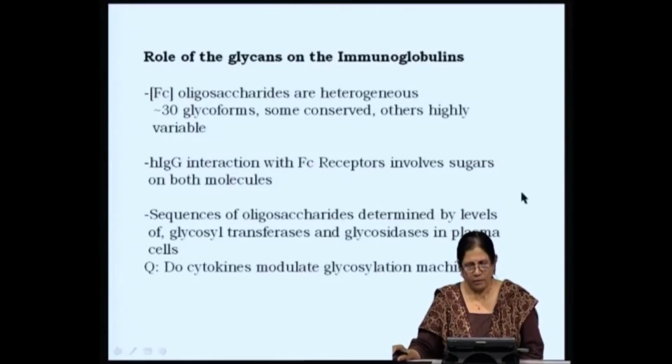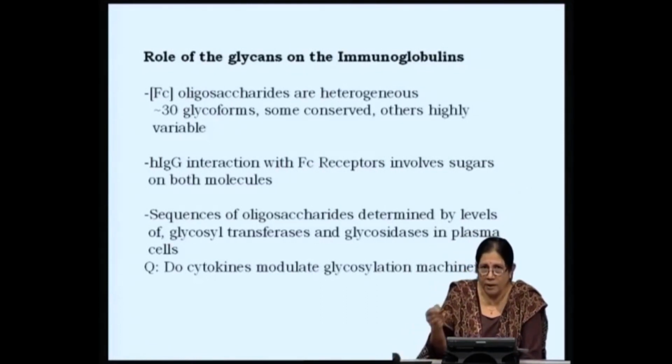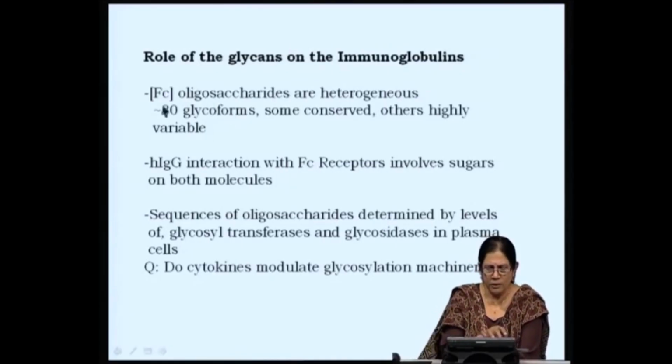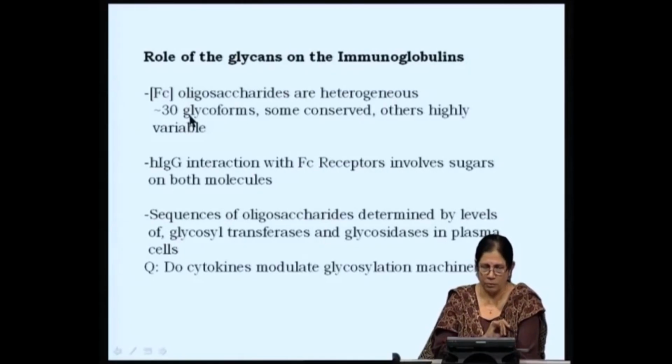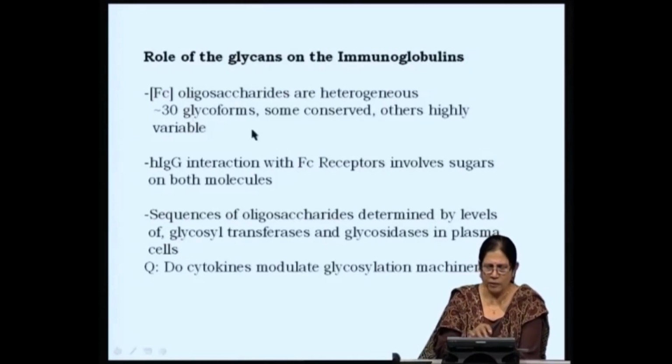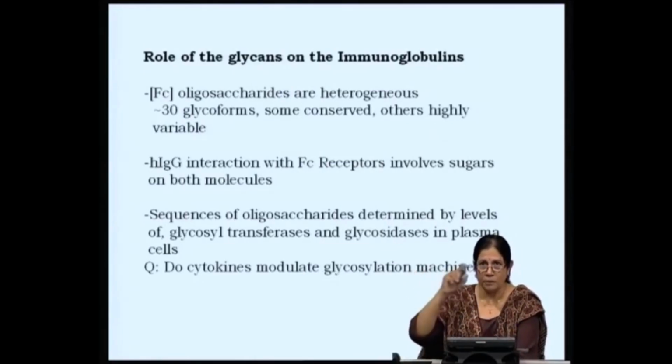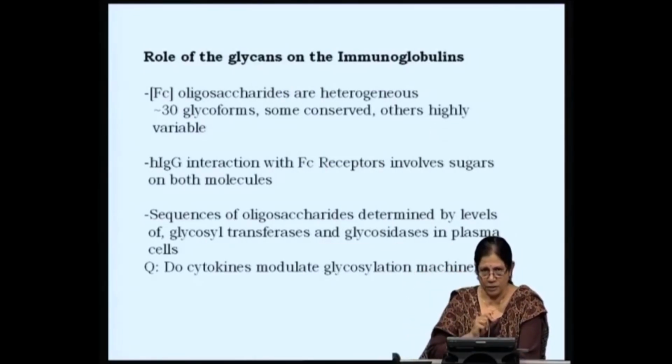The importance of these sugars has become known as glycobiologists have started looking at the glycans, and I would like to just mention here that there are about 30 different glycoforms of immunoglobulins, and some of these glycoforms are conserved, others are highly variable. These glycan chains, which I told you, are present on the Fc region, the CH2 region of the Fc region.